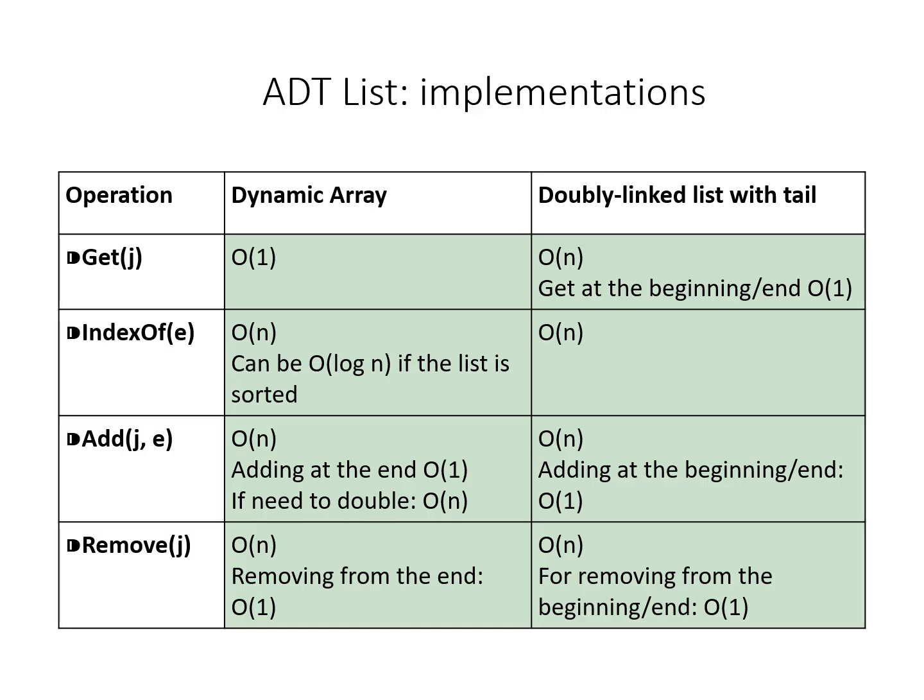To search for an element, for the position of a given element in sequence, takes big O of n time for both implementations, except for the array, we can keep our elements sorted, and in this case, it can be found in time big O of log n.